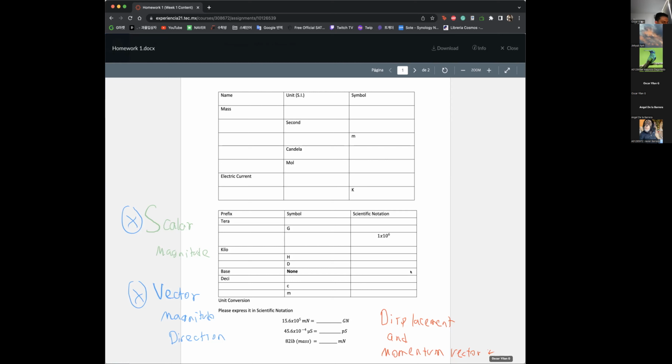Remember that for adding vectors or even scalar quantities, they have to be of the same units. Meters, and this is kilogram meter per second. So they have to be of the same units. Okay, that's the only question I had.